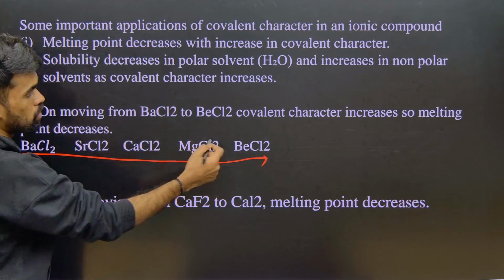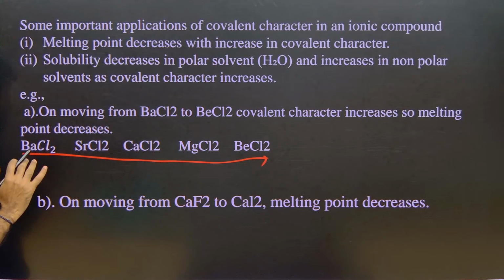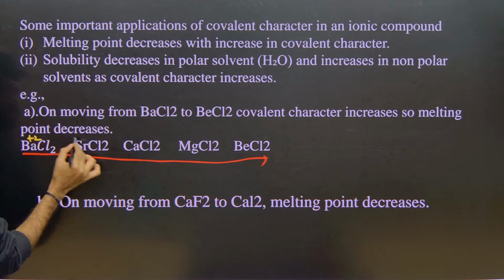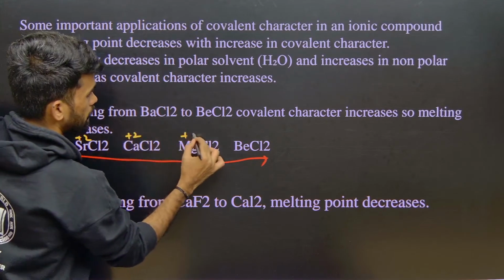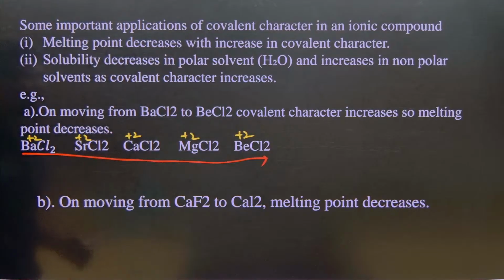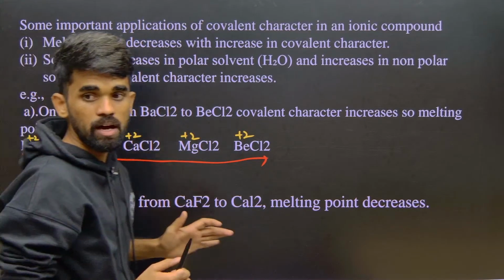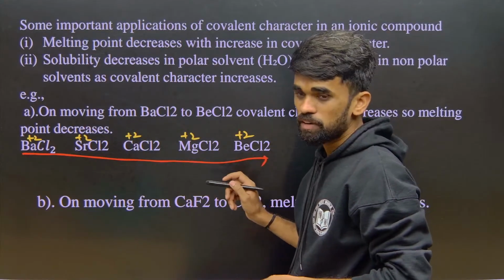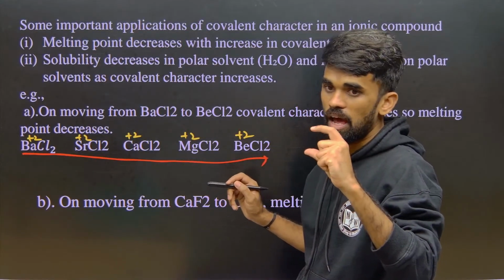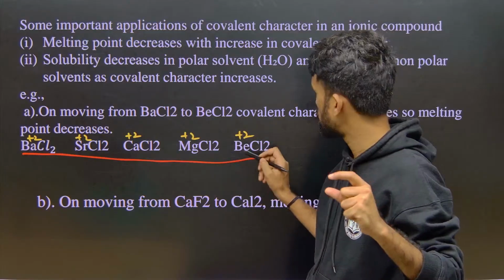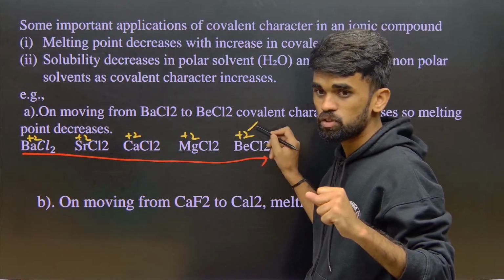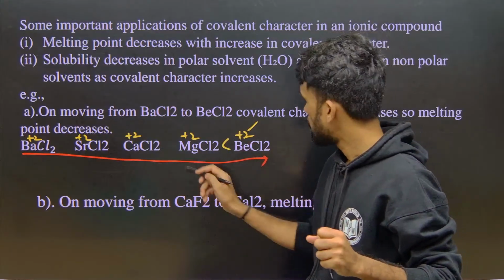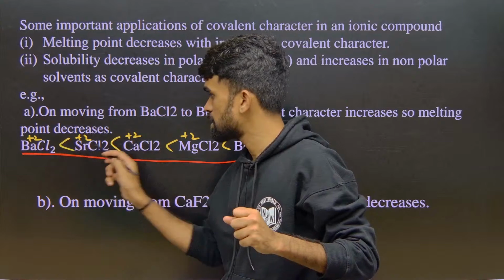Chloride, chloride, chloride: we can't answer with respect to the anion. We have only the option with the cation. So the cations here are Be2+, Mg2+, Ca2+, Sr2+, Ba2+. Which has more size or less size? The smallest is beryllium. A small cation and a larger anion give more polarizing power for the cation, so that makes it more covalent. Which is more covalent here? Beryllium, then magnesium, like this. This is the order.